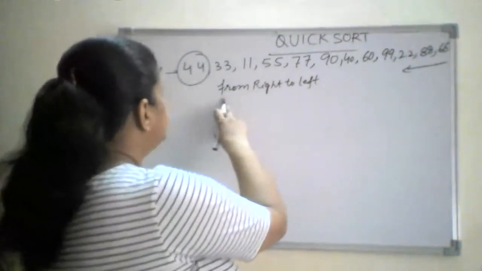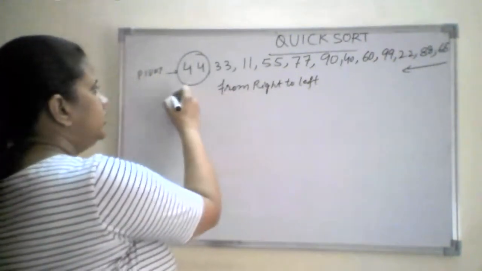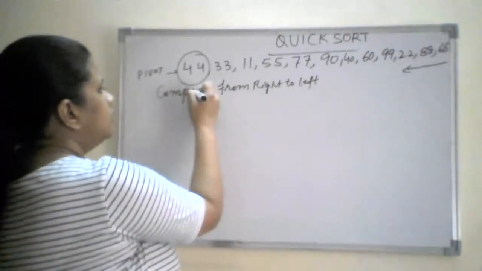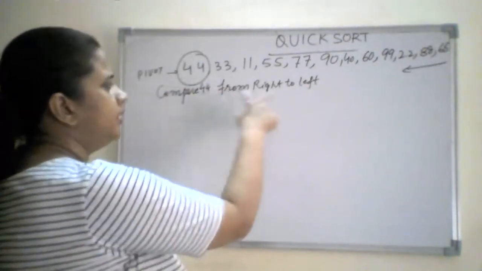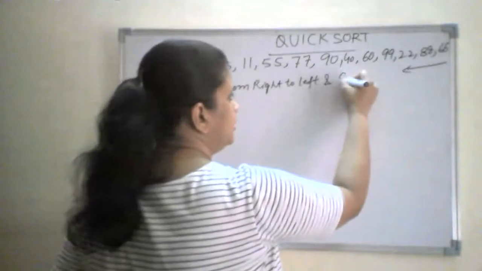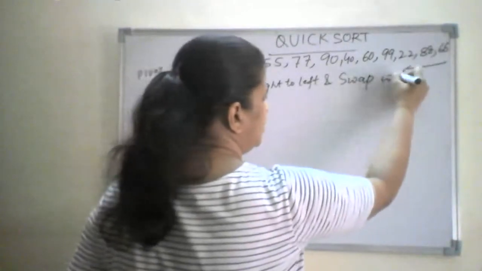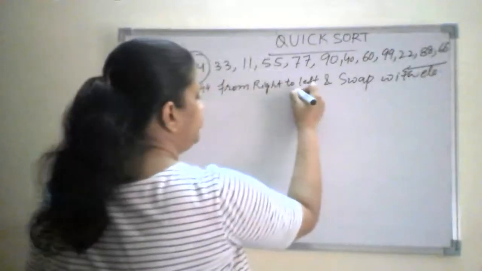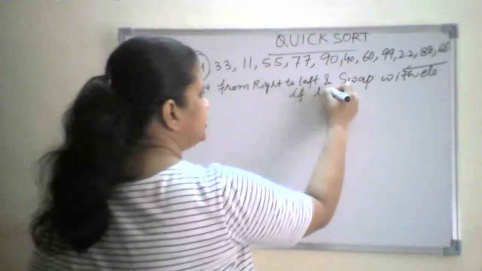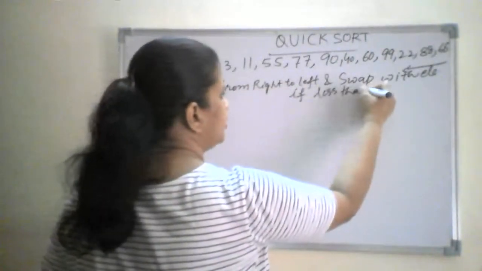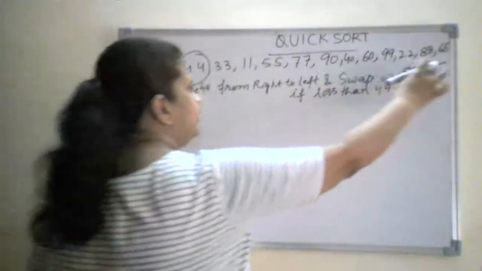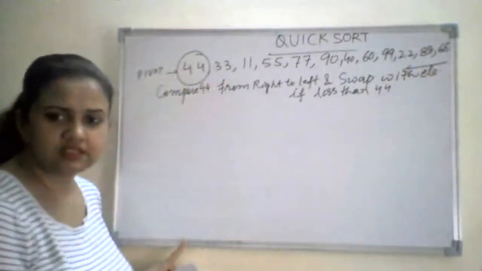So we'll start the comparison. Compare 44 from right to left and swap with the element if less than 44. Fine. So now I will compare 44 with 66. 66 is greater.